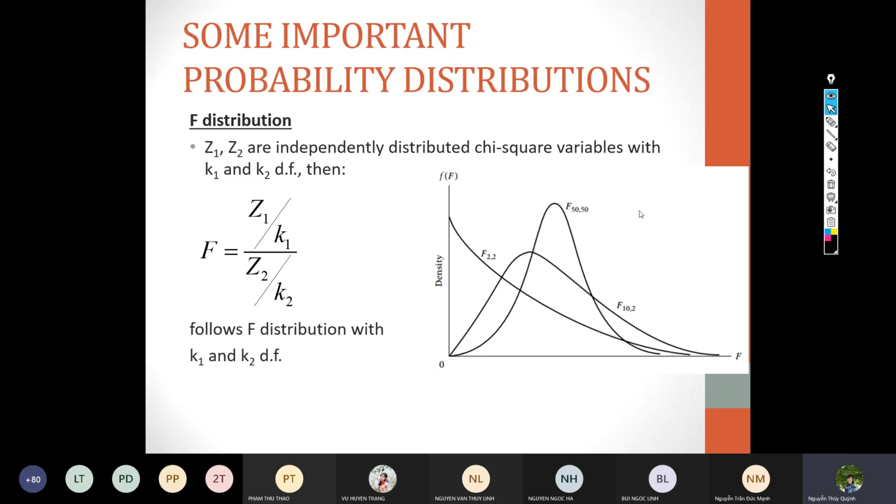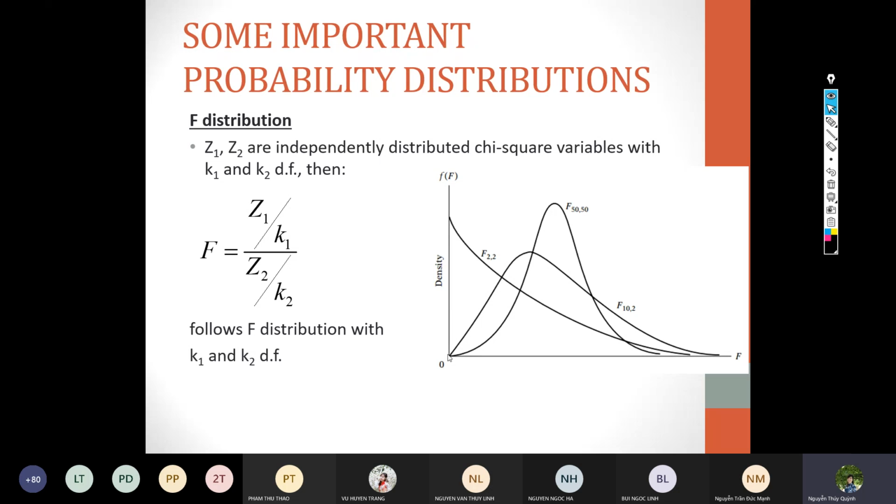The F distribution is also not symmetric, all right? And the value of F is always equal to or greater than 0, a non-negative number. Just like the chi-square distribution, if x follows a chi-square distribution, then the value of x will be a non-negative number.